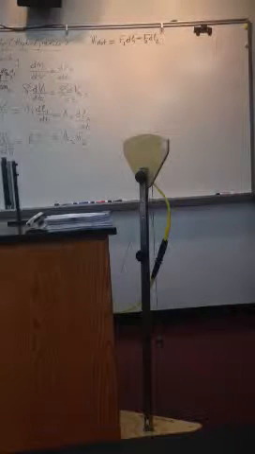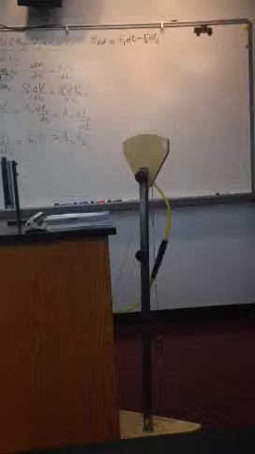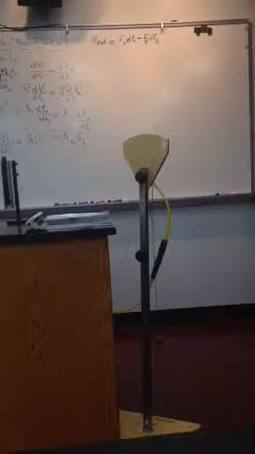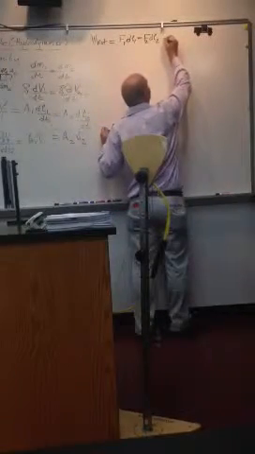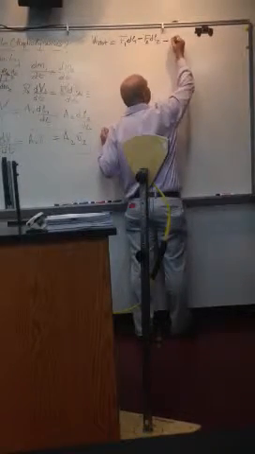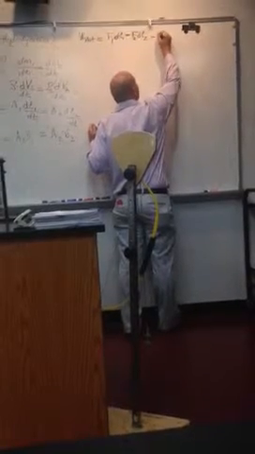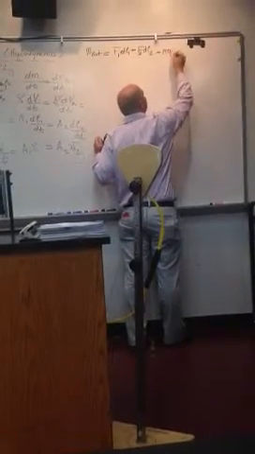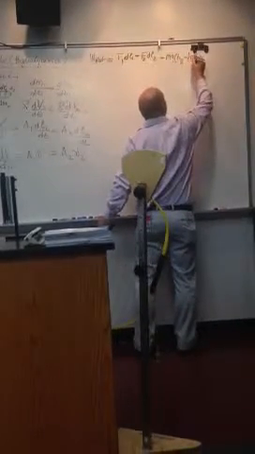In addition to that, what other thing is doing work? Gravity is doing work, right? When it's moving upward, is the work done by gravity positive or negative? Negative. So we can say also that this will be negative mg delta H, mg times H2 minus H1.